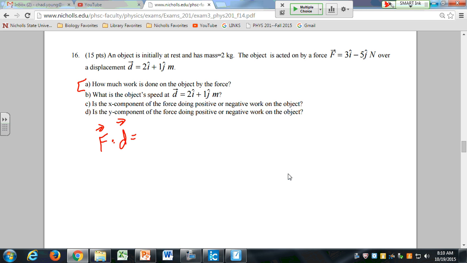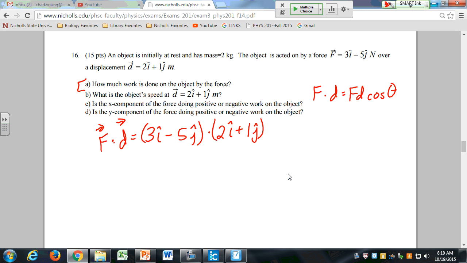F dot d is 3i minus 5j dotted with 2i plus 1j. Remember, on my dot product, F dot d is equal to Fd cosine theta. That's our definition of a dot product. These are vector quantities. These are the magnitudes of those vector quantities.